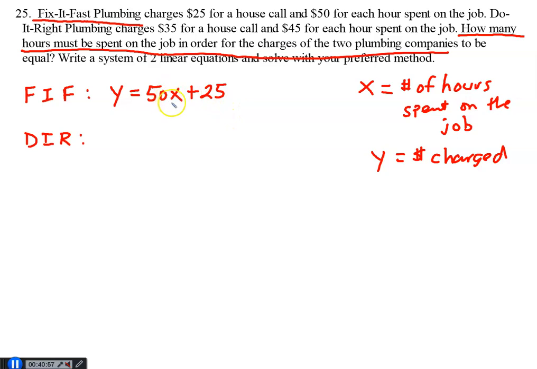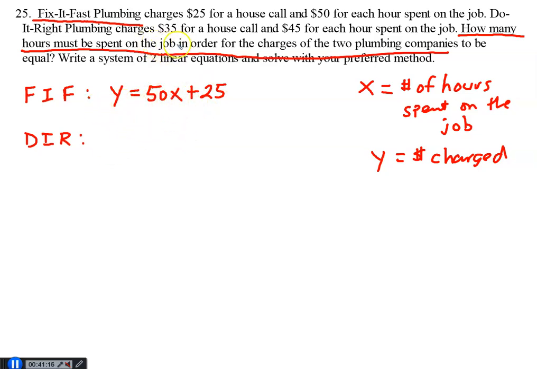So even if x is 0, they don't spend any time working, they're still going to charge you that $25 for coming to your house and giving you some information about the job. It's called a house call. So that's fix it fast.